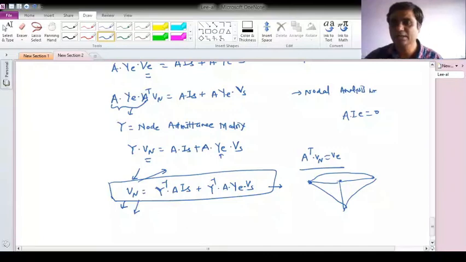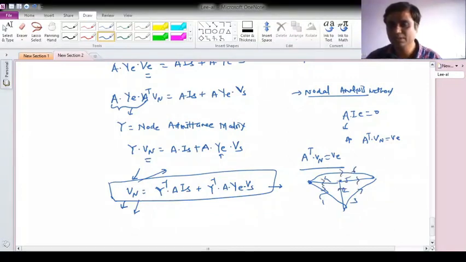Okay, and then what next we are doing, once I know the A, I will try to find this equation, that is A transpose into Vn, which will be equal to V, by naming all the branches 1, 2, 3, 4, 5, 6, and putting all the directions arbitrarily. From that obtain this equation.